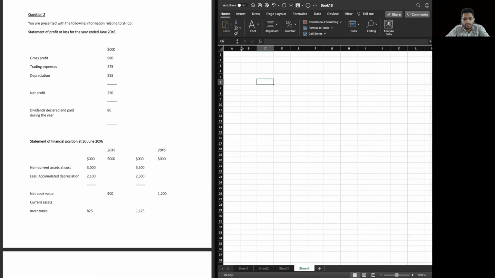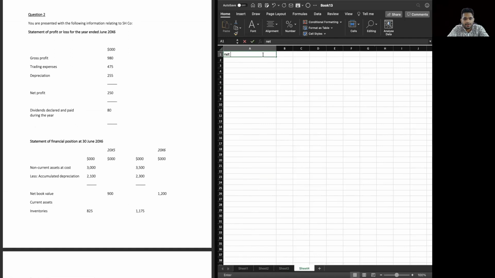So what I normally do is I put down the formats beforehand. So here I have the net profit, which is profit before tax. Then you have the finance cost. Then you get your operating profit. Leave some lines for your non-cash adjustments. Then you have your working capital adjustments. Then you get your cash flow from operating activities.